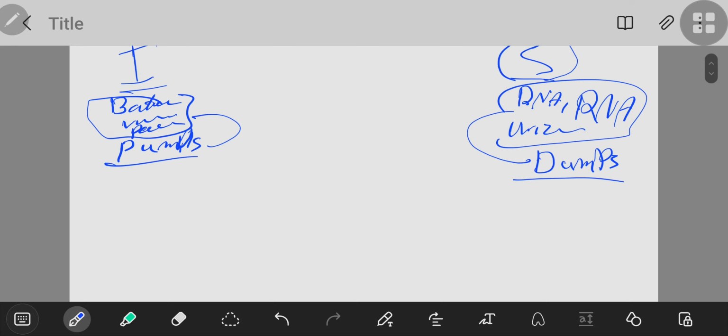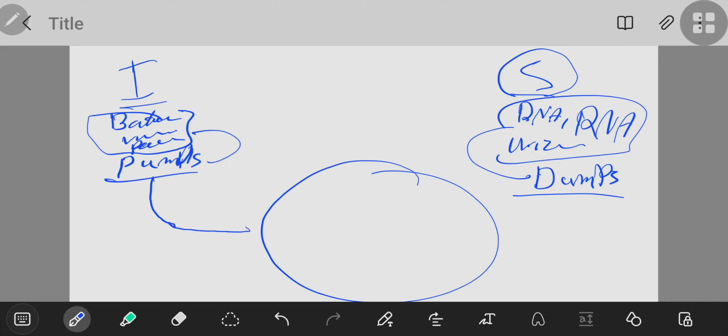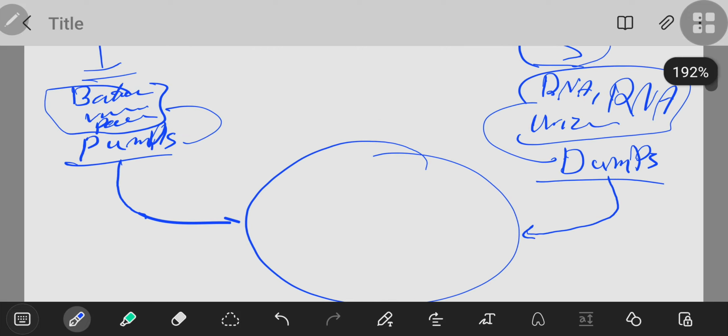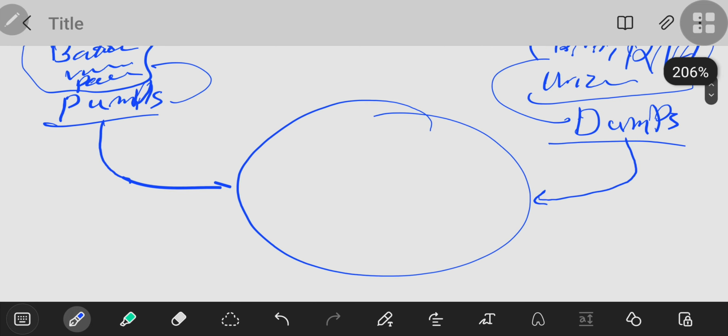So let's move on. Let's imagine this is the cell. Once bacteria enter the cell, and once one of the dumps enters the cell, there are receptors. Of course, there are receptors, just telling the body there is something.